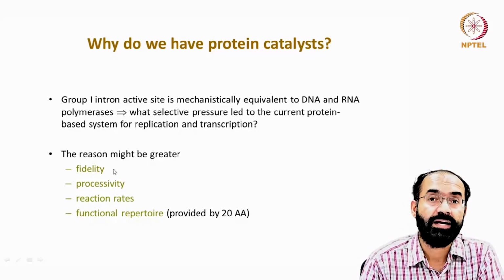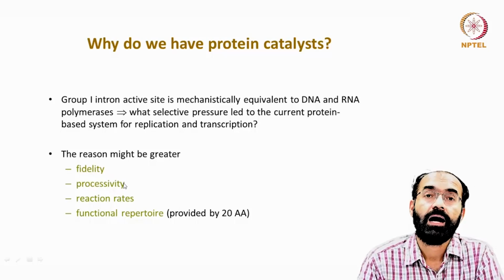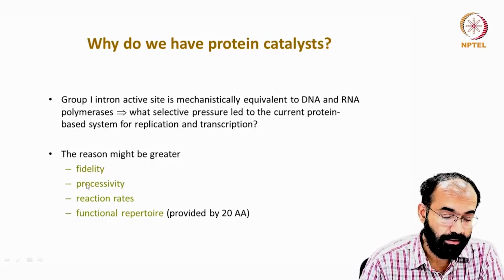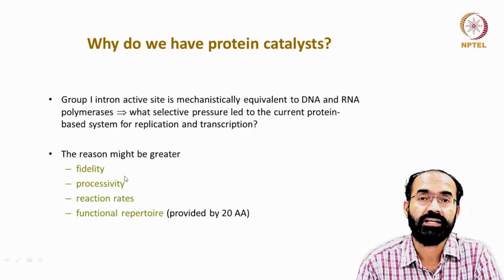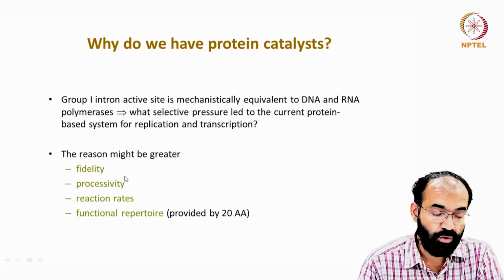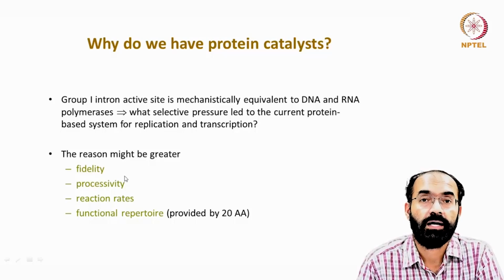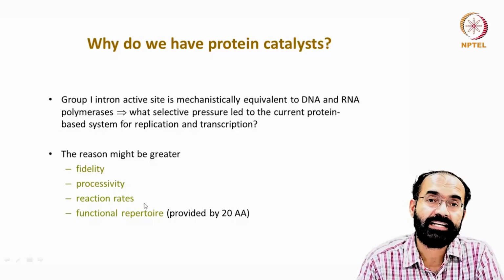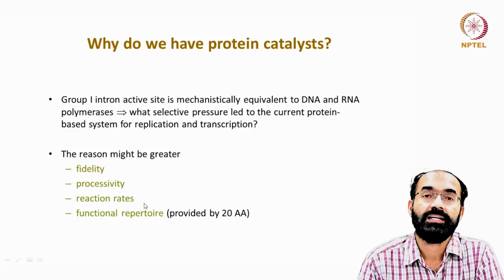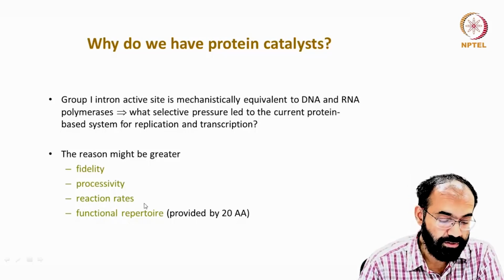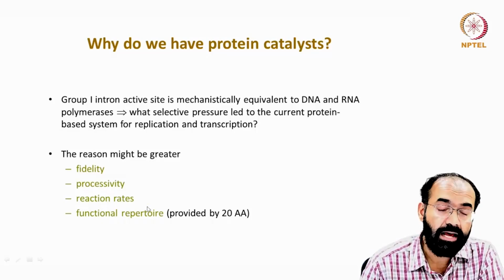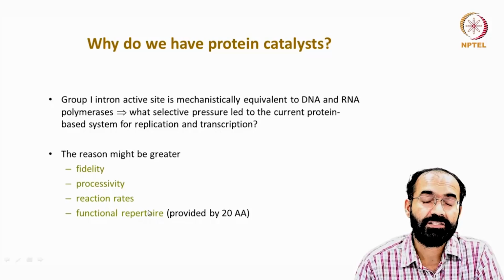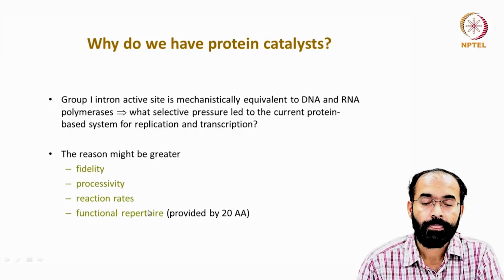One could be fidelity, how accurately a job can be done. Then comes processivity, how accurately the processing of the job can be done. Then reaction rate, how effectively an RNA can be produced. And then functional repertoire, meaning the interactions can be much more divergent.